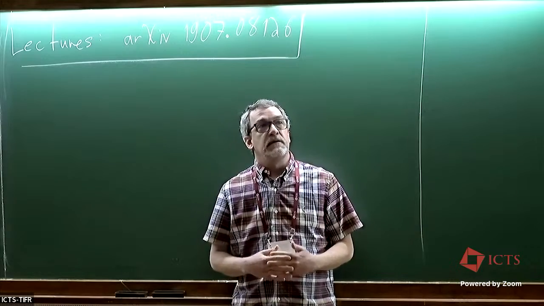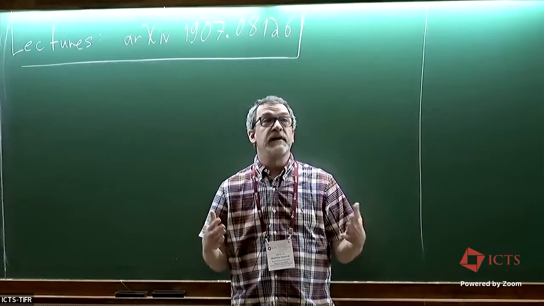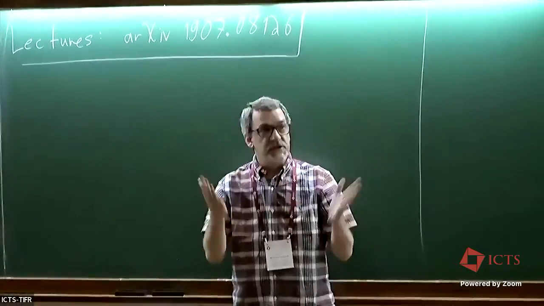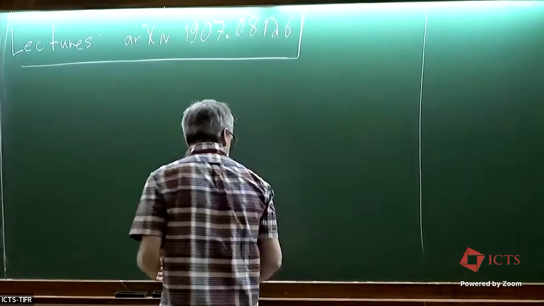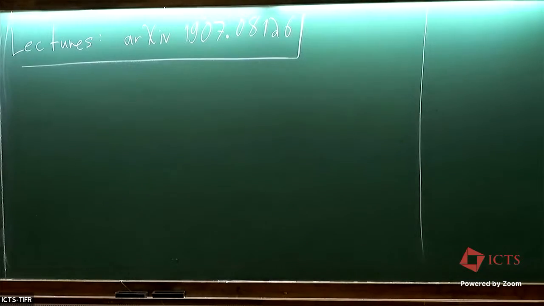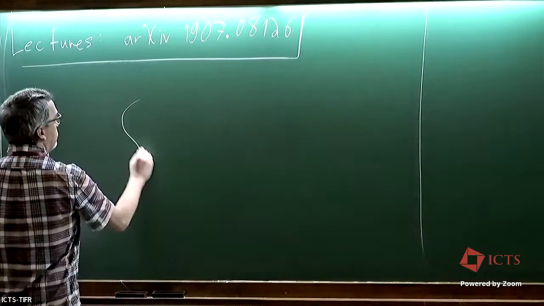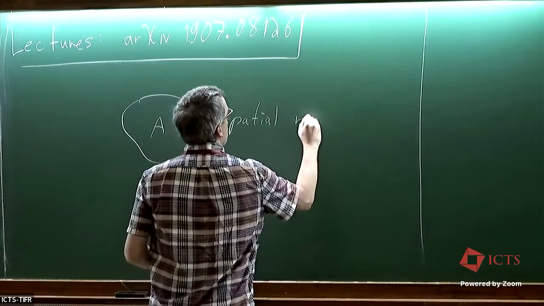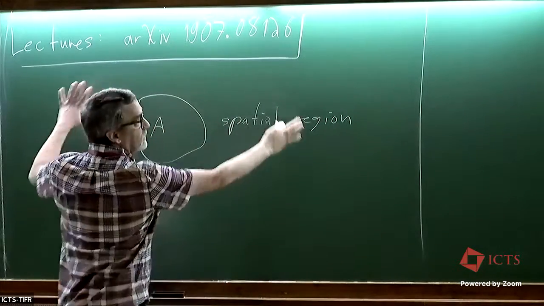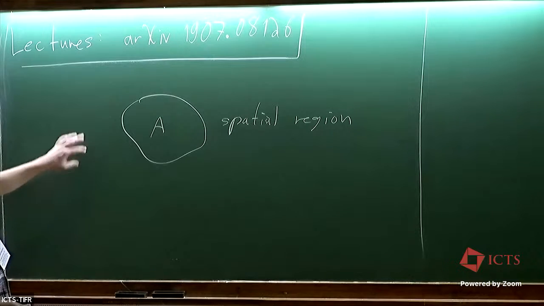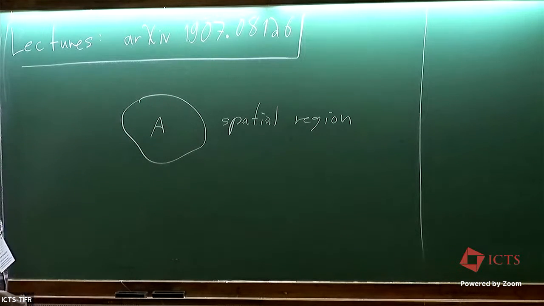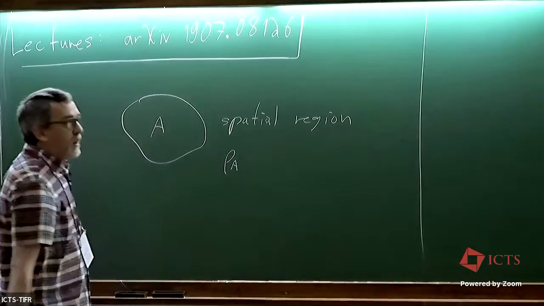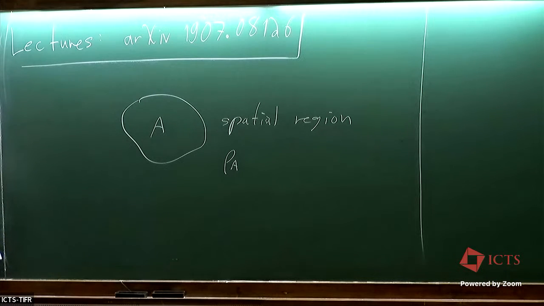So in order to get a density matrix for my region, more specifically a rho sub A, where for me, A would be some spatial region living, as I mentioned last time, on a Cauchy slice, I'm going to need a cutoff.